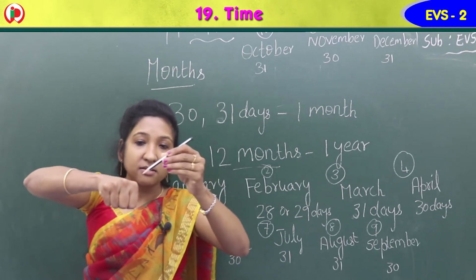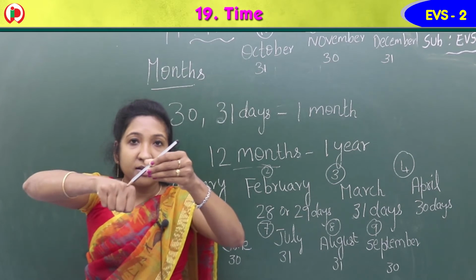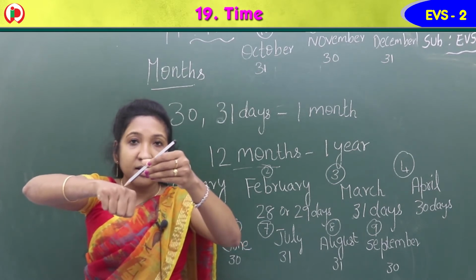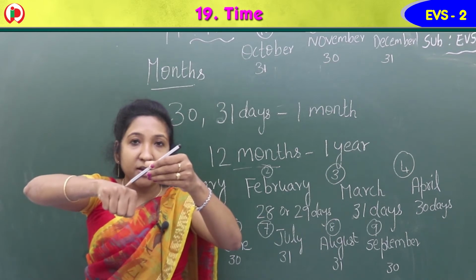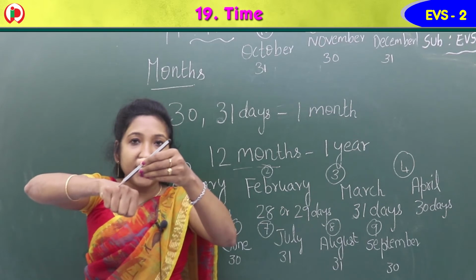Then here again the upper part, August 31, after August September 30, then coming to the upper part, October 31, November 30, December 31.